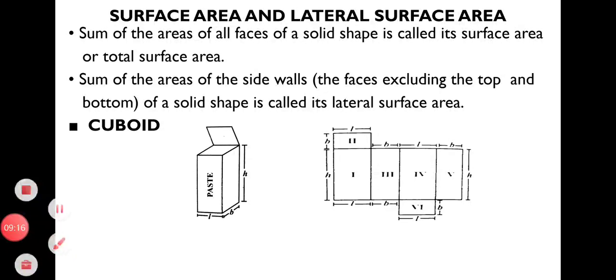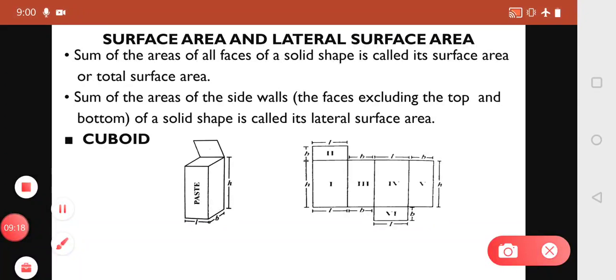Now in the net of the cuboid we can see we get 6 different rectangular faces. Here they are already marked 1, 2, 3, 4, 5 and 6. We already know that the area of a rectangle is found by using length into breadth. The dimensions of each rectangular face are also mentioned.